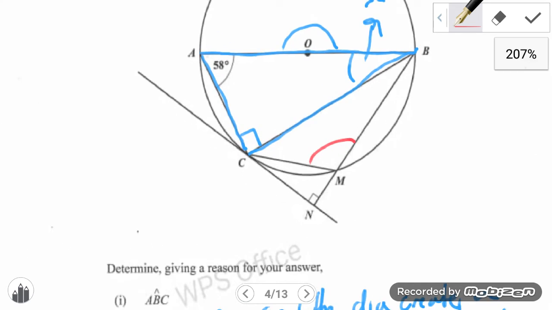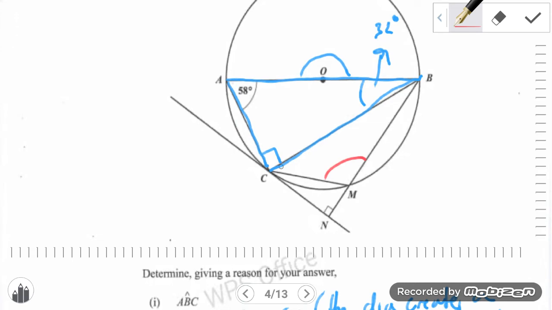Alright, so what I have observed here is that we have a chord. Let's identify the chord here. That's the chord CB. And there's also a tangent CN. So there's an angle created between the chord CB and the tangent CN. But notice now that the chord CB created two angles.